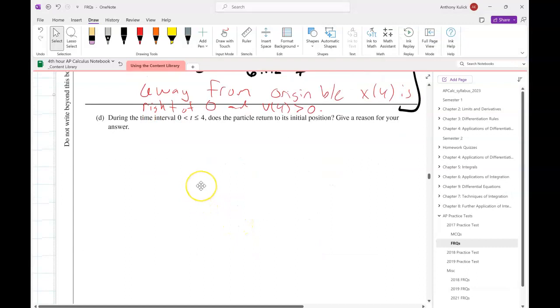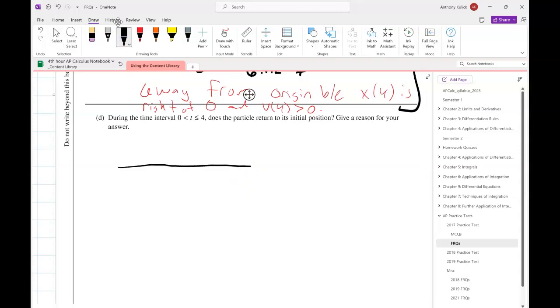All right. The last part here, again, there's 9 points for every free response question. We've done 7 of them, so this last one must be 2 points. It says, during the time interval from 0 to 4, does the particle return to its initial position? Give a reason for your answer.